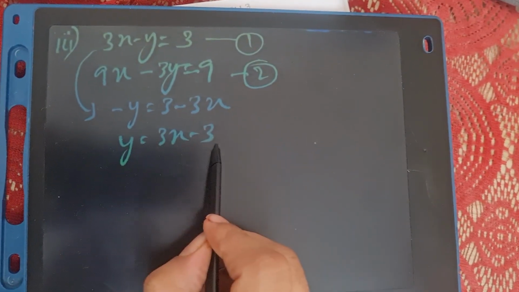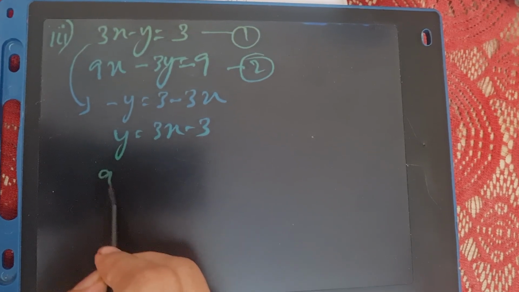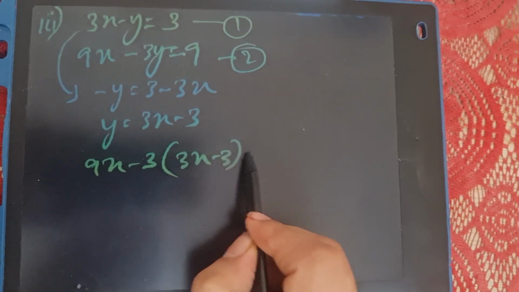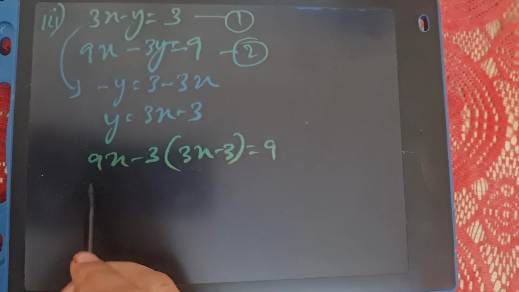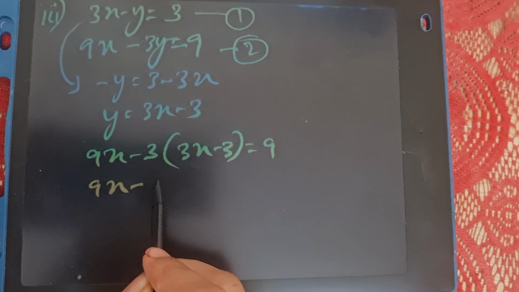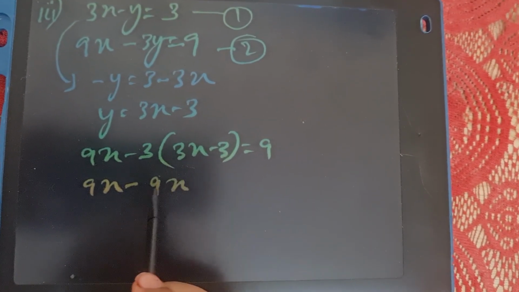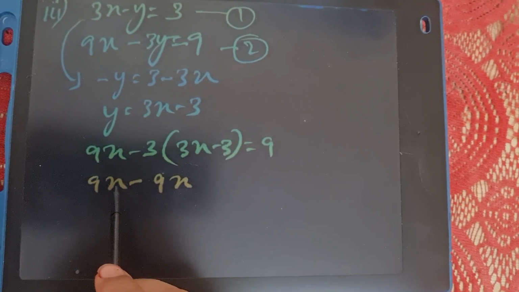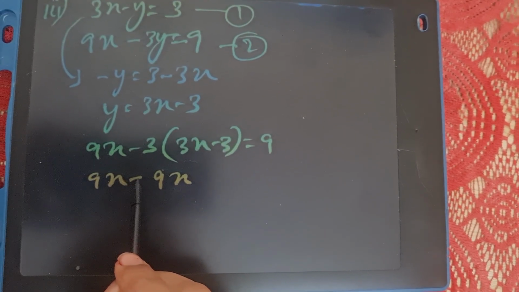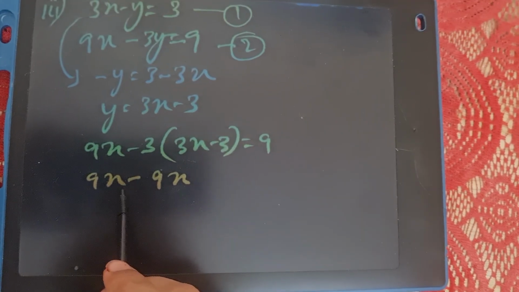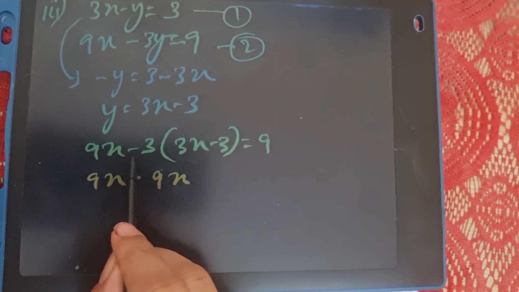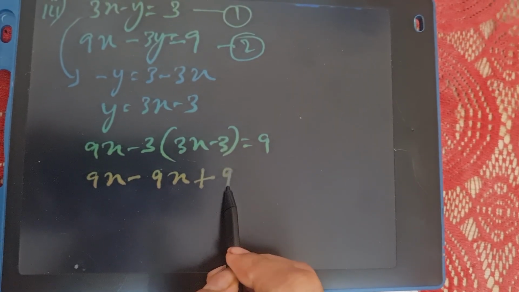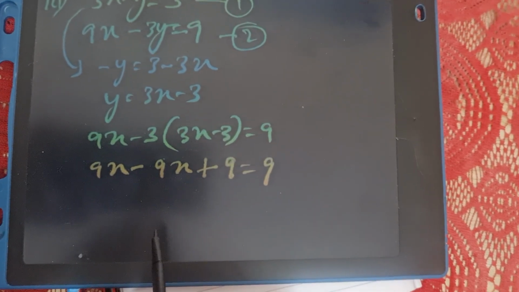Now putting this value of y in equation 2, 9x minus 3 times (3x minus 3) is equal to 9. So 9x minus 9x plus 9 is equal to 9.